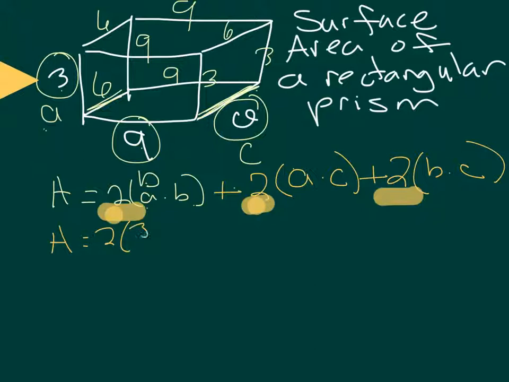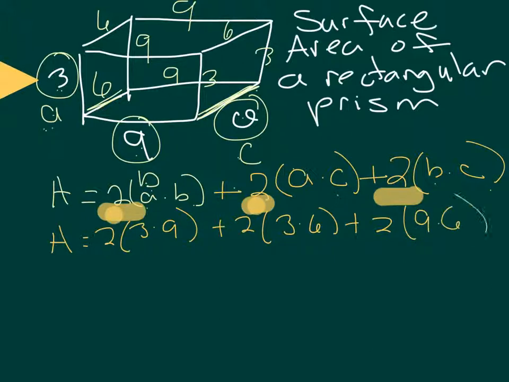I'm going to say 3 times 9, plus 2 times A and C. Here's A, here's C. A is a 3, C is a 6. Plus 2 times, here's B and here's C. Here's B, which is 9. Here's C, which is 6.